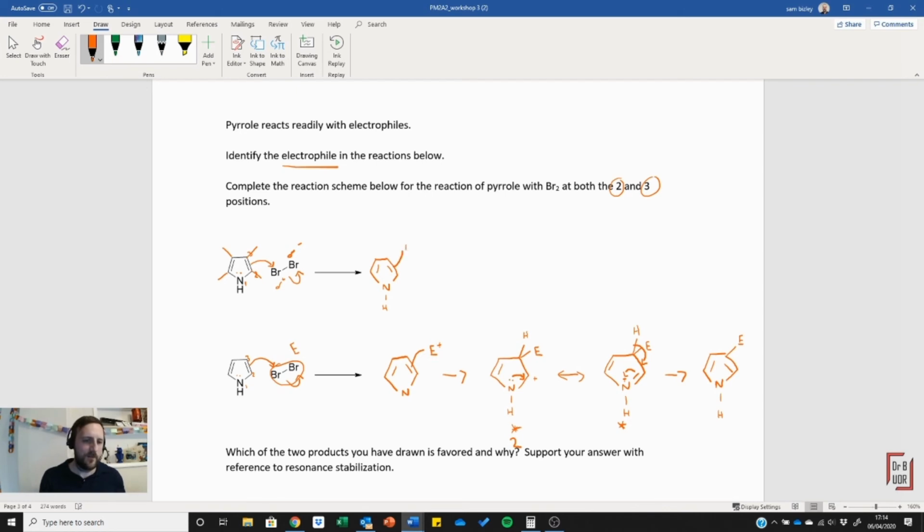So we still have a bond with our electrophile, but this time we're getting it at a different position. So we draw our E and our H here.